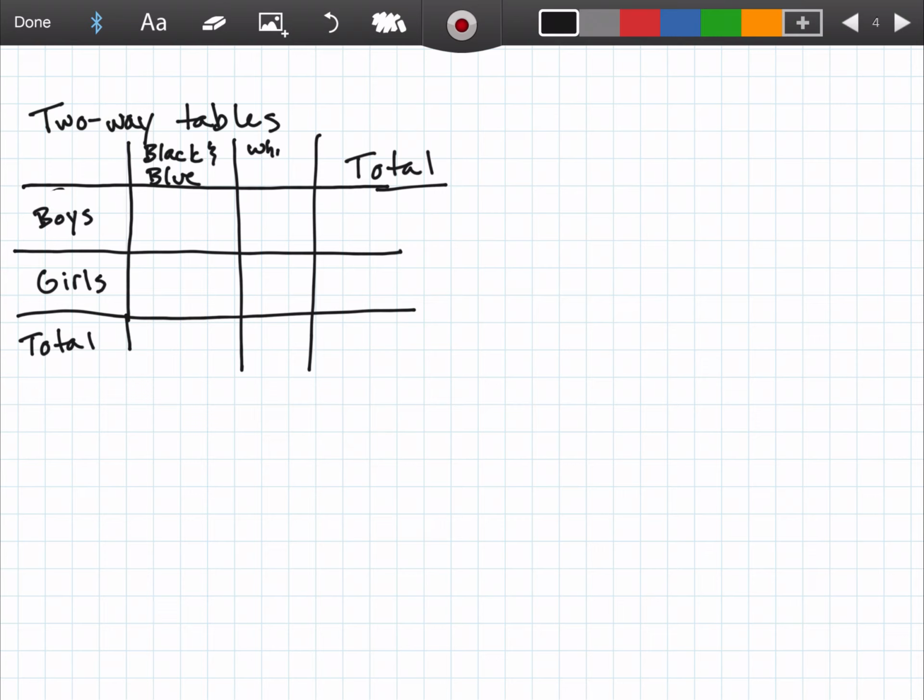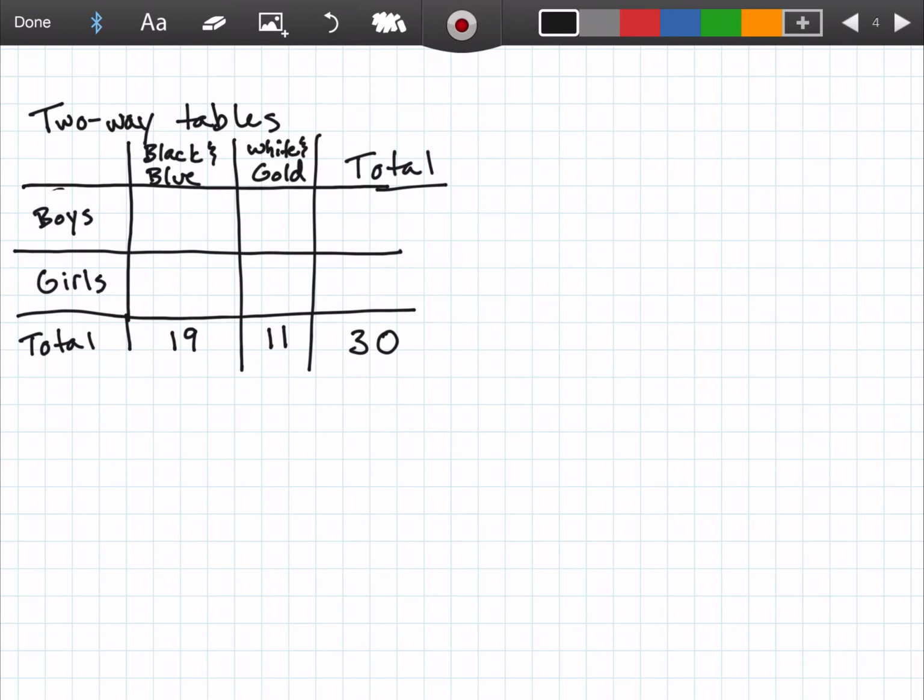Some of you would see white and gold. So let's say we've got a class of 30 people. And let's say that 19 people see black and blue. And 11 people are wrong, aka they see white and gold.